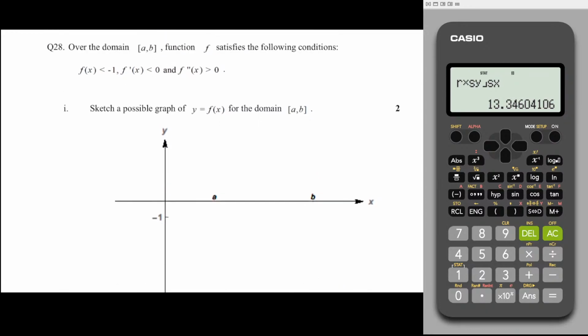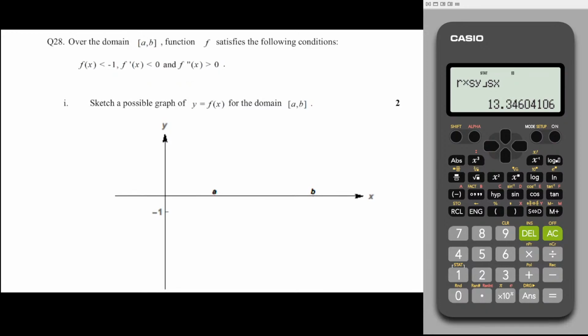Okay, so it's less than -1. So that means that whatever the function is, it has to be underneath this line. The derivative is less than 0, so it has to be a decreasing function. It has to be going down. So decreasing. And when the second derivative is greater than 0, it has to be concave up.